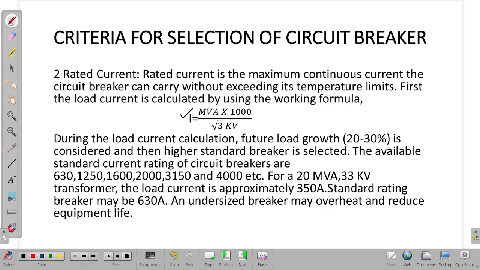For example, for a 20 MVA, 33 kV transformer, the load current is approximately 350 ampere and the standard breaker rating is 630 ampere. An undersized breaker, below 630 ampere, may overheat and reduce the equipment life.